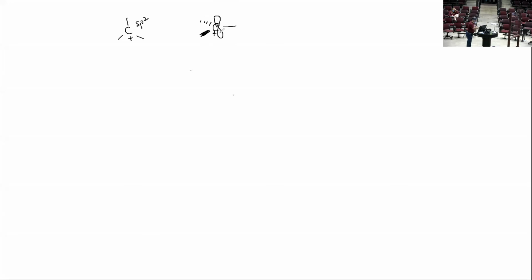And that's the source of the plus charge, really, because that unhybridized p orbital is also empty. It's missing an electron pair. Another way you can know that is because the carbon has 3 bonds and no lone pairs.